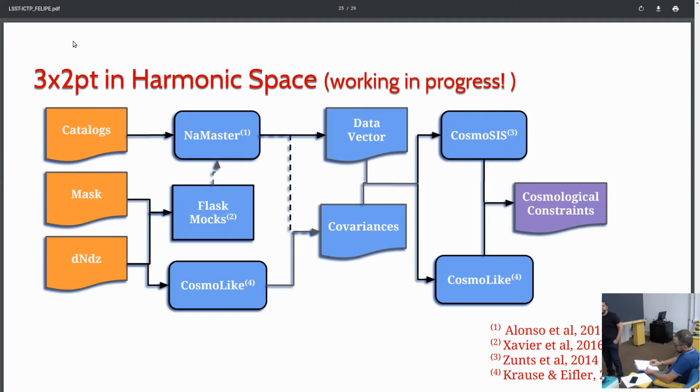The idea is to take the catalogs, mask and dN/dz, and we can generate our data vector and covariance and put this in a pipeline in order to obtain our constraints.